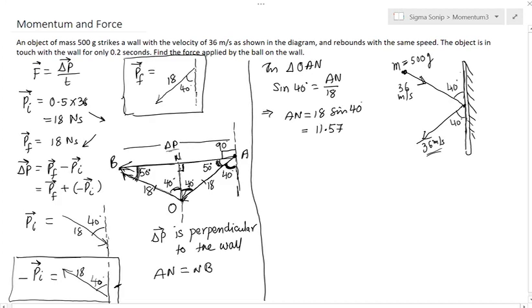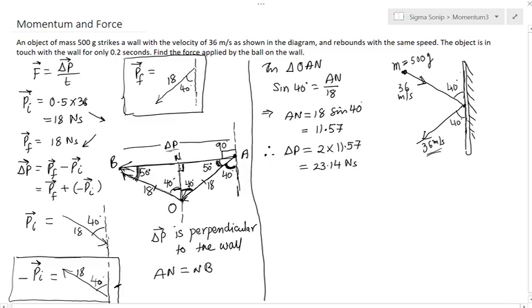That's the length of AN, and therefore length delta P is equal to 2 times 11.57, which basically is 23.14 Newton seconds.